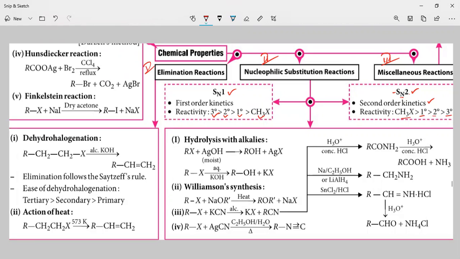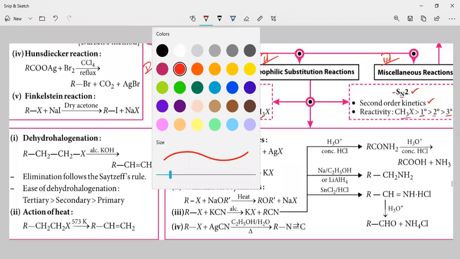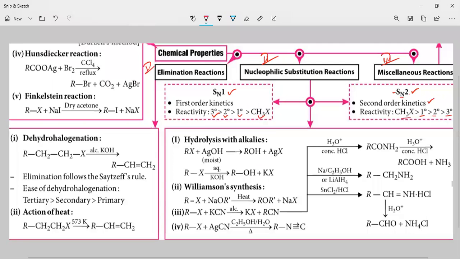Here we can see hydrolysis with alkalis. In nucleophilic substitution reaction, we treat alkyl halide with AgOH, silver hydroxide, and thereby you are going to get the alcohol.